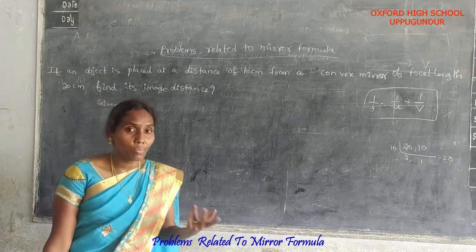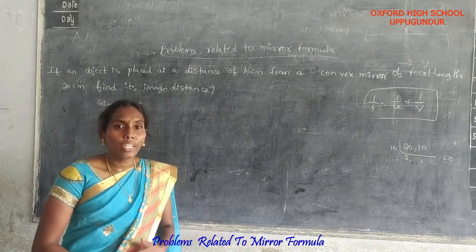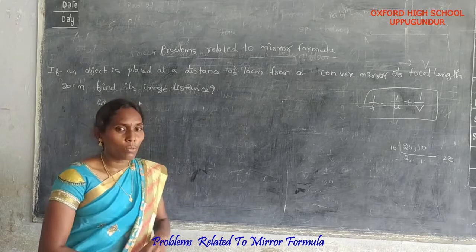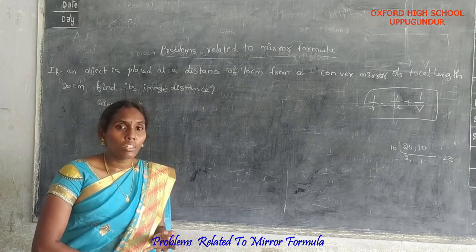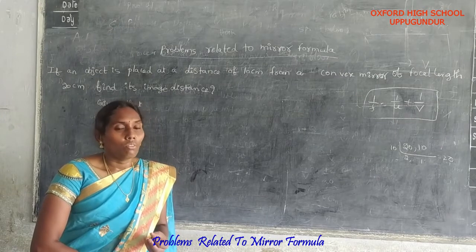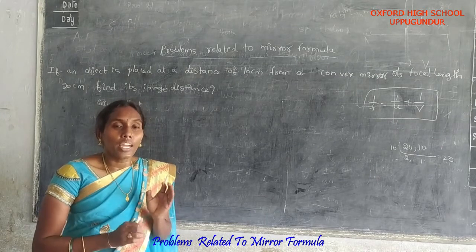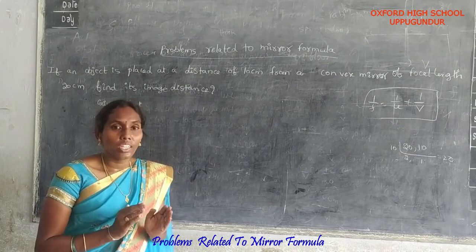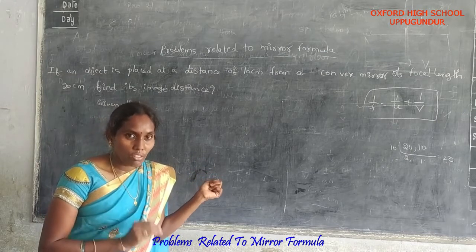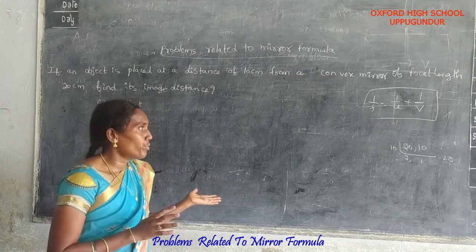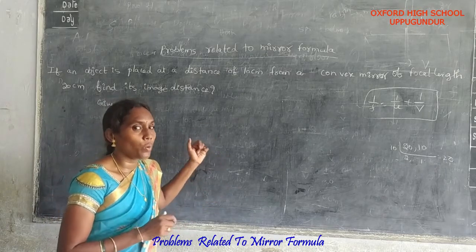Same as the previous problem, but a convex mirror should be taken. In any mirror, convex or concave, sign convention must be used in this problem. Sign conventions should be taken very carefully for solving these problems.